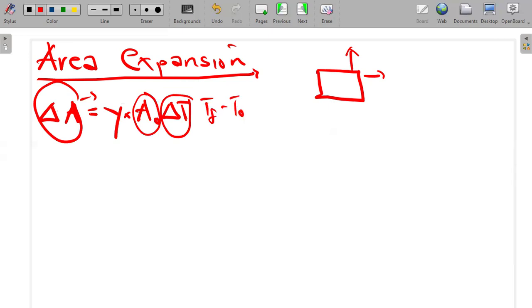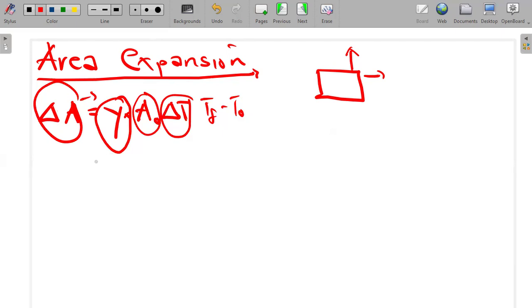Then we have gamma. So gamma is also a coefficient of expansion, but since we are dealing with area expansion here, this is specifically talking about area expansion. So it's just giving us how much the area of a particular material is going to increase per unit area per change in temperature.